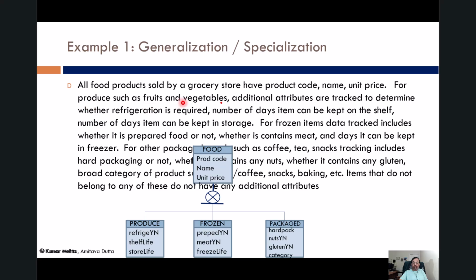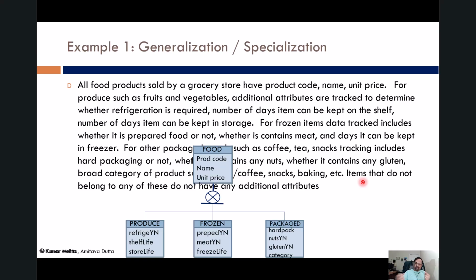For products such as fruits and vegetables, additional attributes are tracked to determine whether refrigeration is required, number of days the items can be kept on the shelf, number of days the item can be kept in storage, and so forth. For frozen items, data tracked includes whether it's a prepared food or not, whether it contains meat, the days it can be kept in the freezer. Other packaged foods such as coffee, tea, and snacks, tracking includes hard packaging or not, whether it contains any nuts, whether it contains any gluten, and so forth.